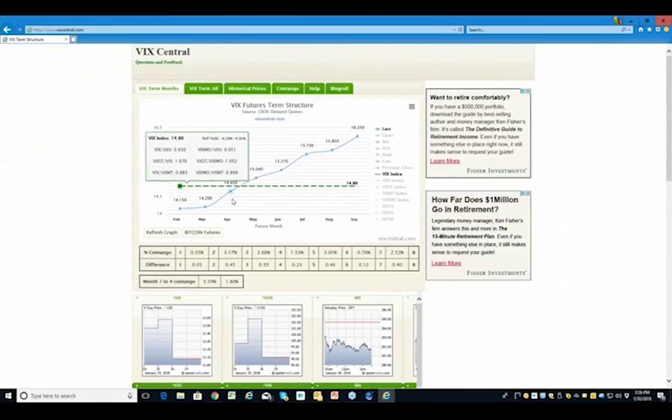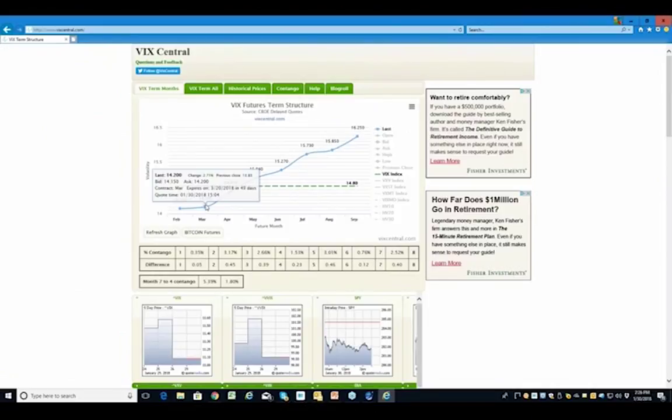So take a look. We currently have the cash index trading at a premium to Feb and March and April.